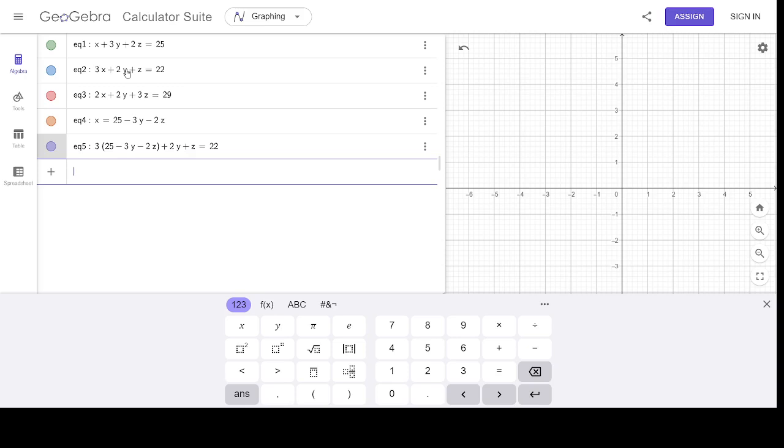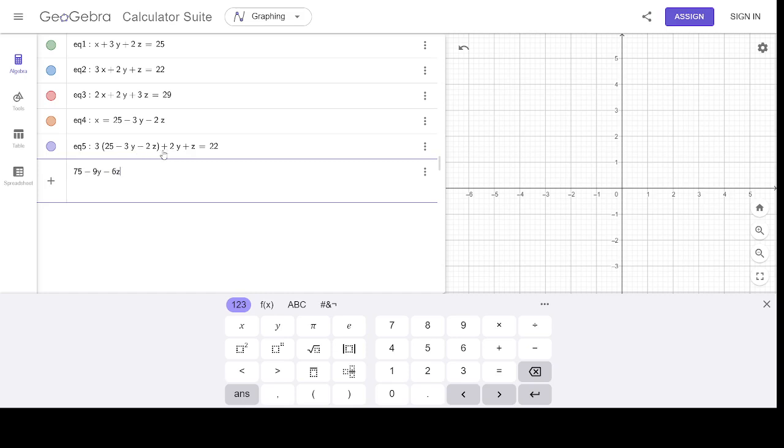Now we can simplify this further. 3 into 25 is 75. Then we have a minus, so minus 3 times 3y, that's 9y, minus 3 times 2z, that's 6z.